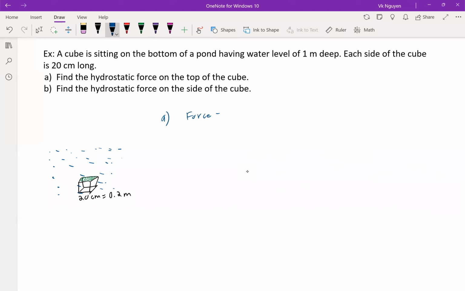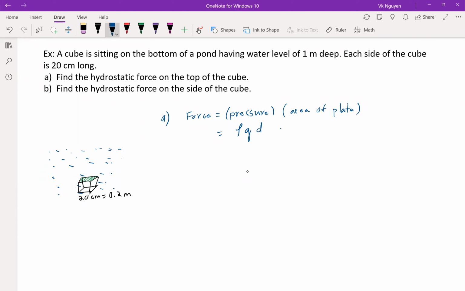Force is pressure multiplied by the area of the plate. The top is just a plate. Pressure is rho g d.